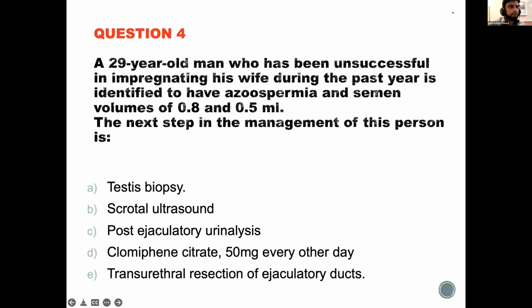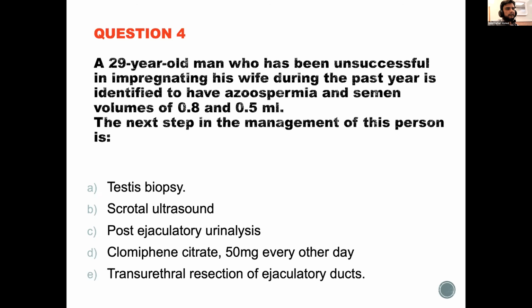Yes, sir. After the history and examination of the genitals, in a patient who comes with a very low ejaculate volume, the majority of them can have obstructive azoospermia. On examination, we can find a dilated epididymis or vas.